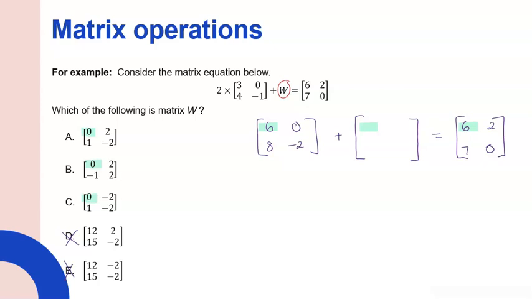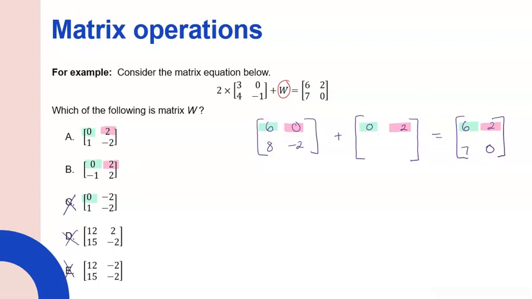Now let's look at the second element. So I've got 0 plus something equals 2. So in that case, this must be a 2. And so out of my options A, B, and C, A and B are giving me possible correct answers. I can eliminate C.